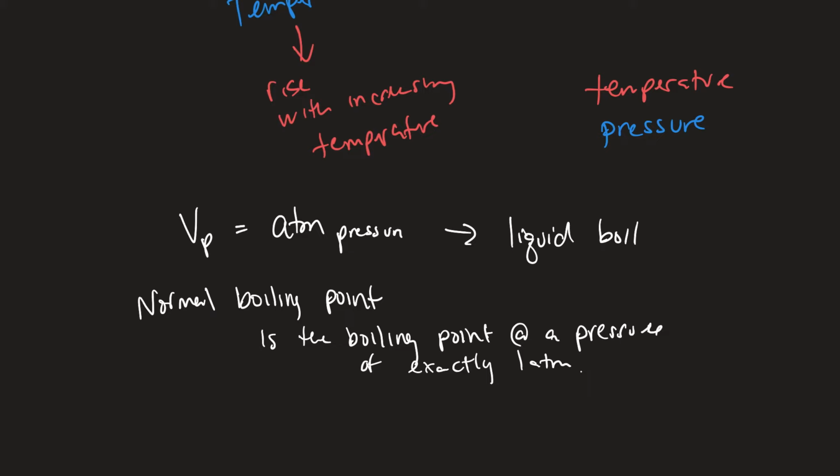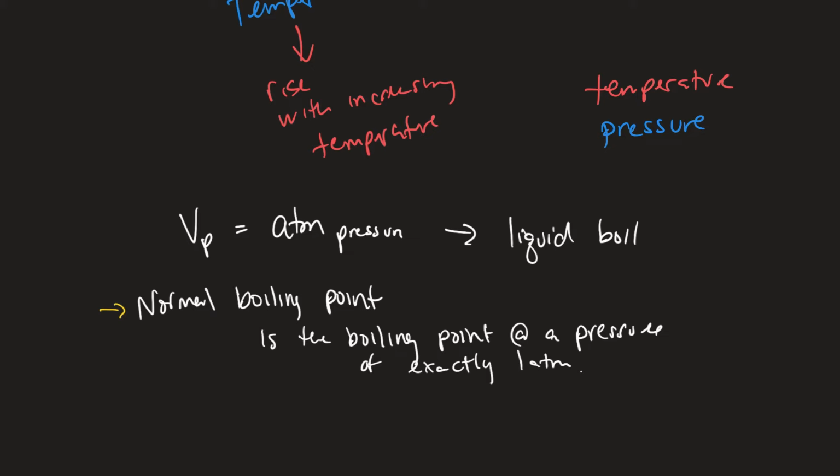And so this is why the normal boiling point comes into play. If you are changing both the pressure and the temperature, and you have the pressure at 1 atm, then at 1 atm, at what temperature will that substance boil? That temperature is basically what we call the normal boiling point.